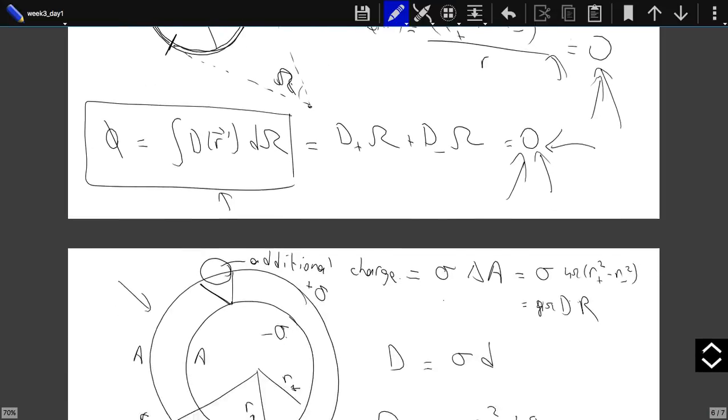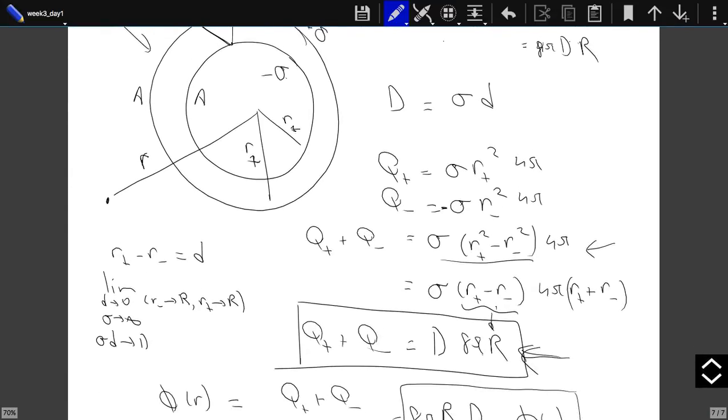In the below system, we are taking the limit Q plus goes to Q minus actually. So basically, we are taking different limits.